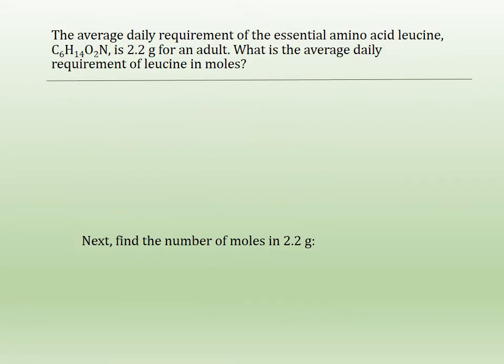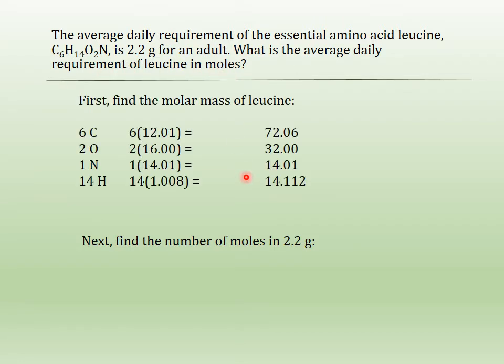The next one, again, 2.2 grams of an amino acid, leucine, is the average daily requirement of leucine. What is that in moles? Okay, and so here we go. Find the total mass of leucine first, because that's the conversion factor that we need, in grams per mole. So in leucine, we have 6 carbons, 2 oxygens, 1 nitrogen, and 14 hydrogens.